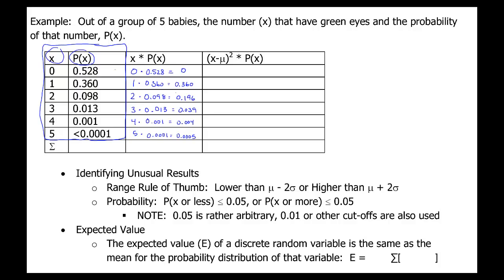So there's our values of x times their probabilities. I added a row to the bottom where we can put the sum. So we would just add all of these numbers that we just calculated together. And we know that the mean is the sum of this column.